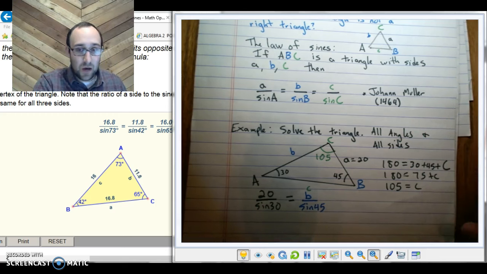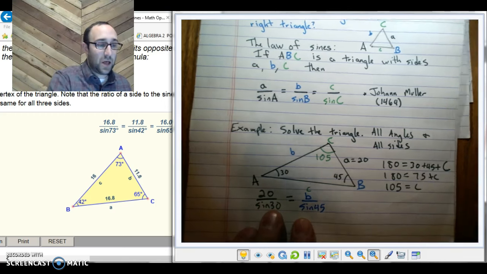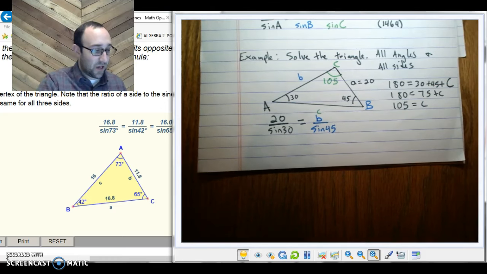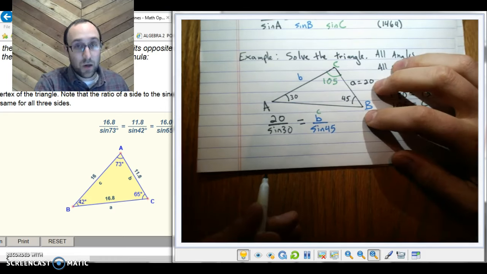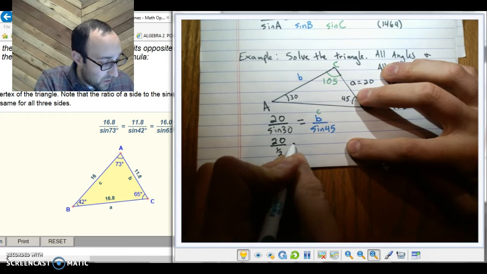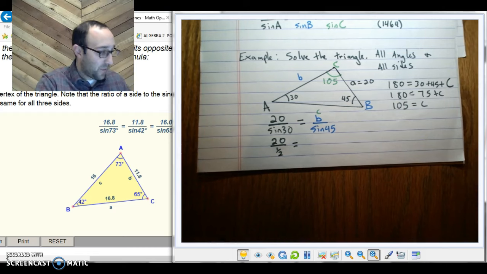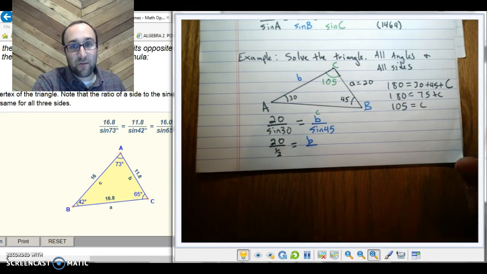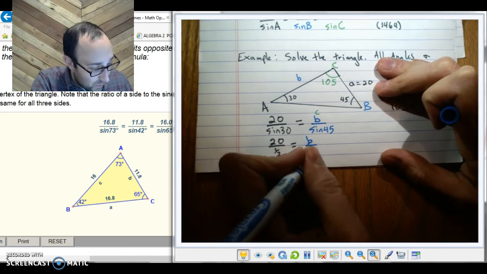Now I'm going to figure out sine of 30, sine of 45. Sine of 30 is 1/2, very good, 20 over 1/2 equals B over sine of 45. Sine of 45 is, you guessed it, square root of 2 over 2.